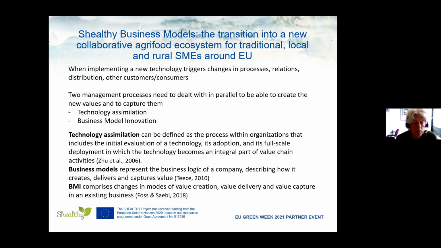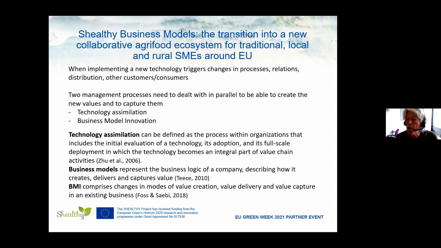Creating the new values by introducing the technology within the operations in such a manner that it works efficiently and effectively, and to capture the value in the sense of reaping the benefits of that technology, looking at the consumer and convincing the consumer to buy, and for the company to be able to sell the new product or the product improvement realized by the new technology to be implemented.